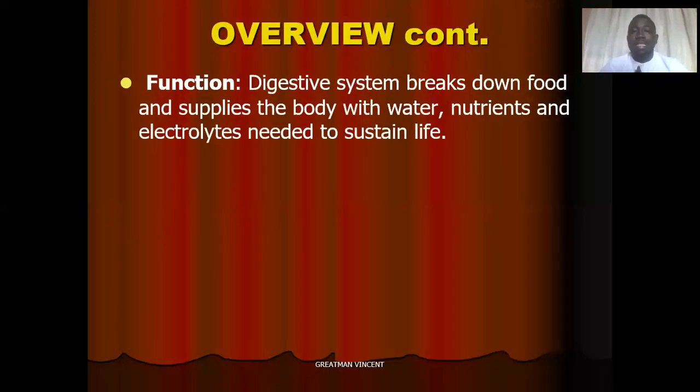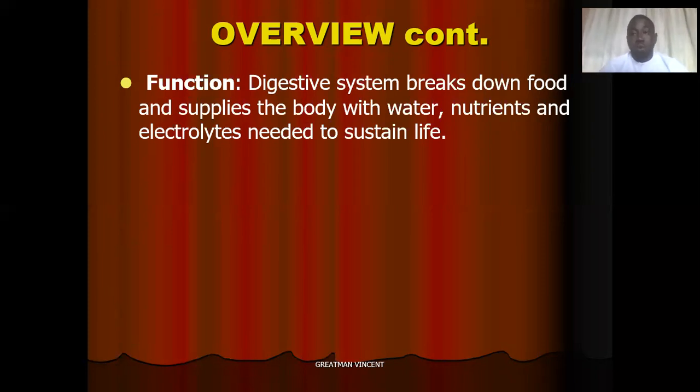So now, just as I said, we want to look at the digestive system. What is it? The digestive system is a system that breaks down food and supplies the body with water, nutrients, and electrolytes that are needed to sustain life.